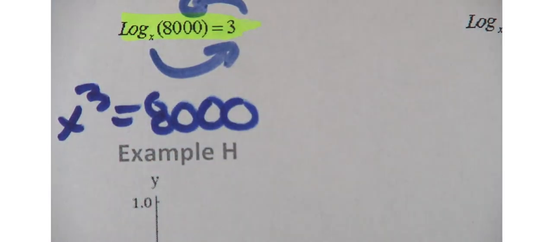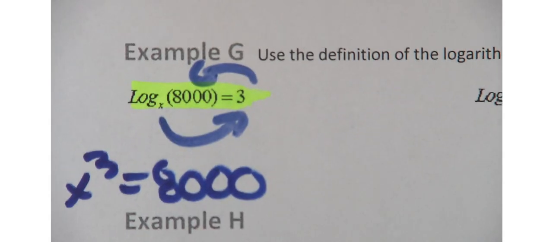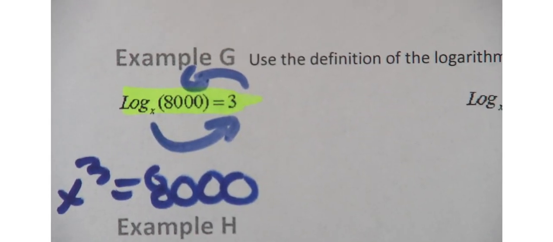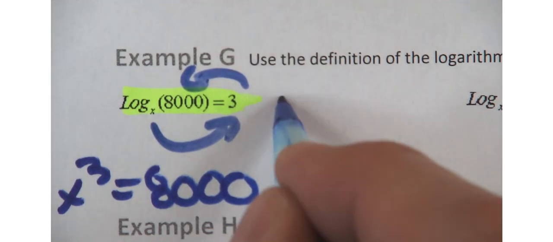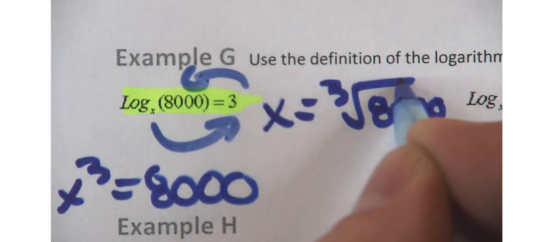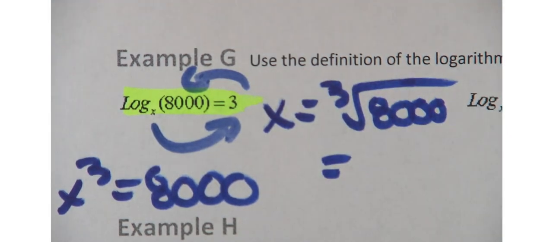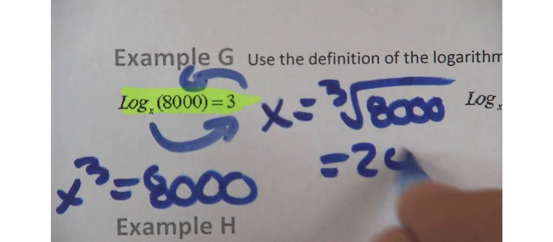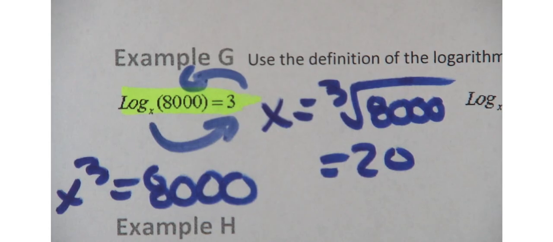But I want to solve for x. So how would I solve for x here? Yeah, take the cube root. So x equals the cube root of 8,000. And I think that's going to be 20. Nice. But you're not going to get very far without rewriting this to help solve for x.